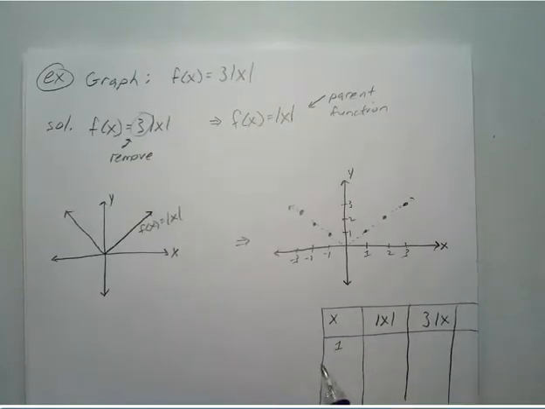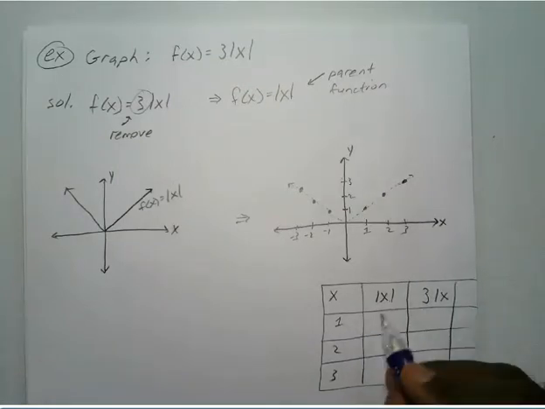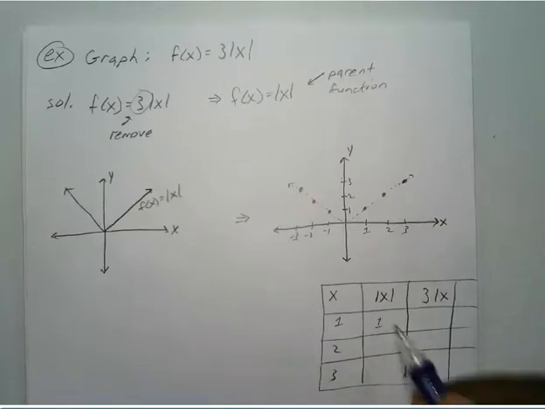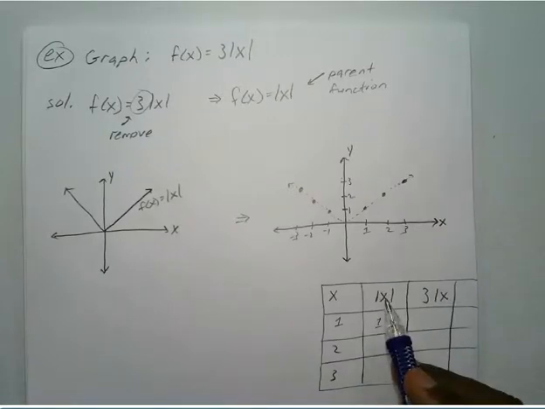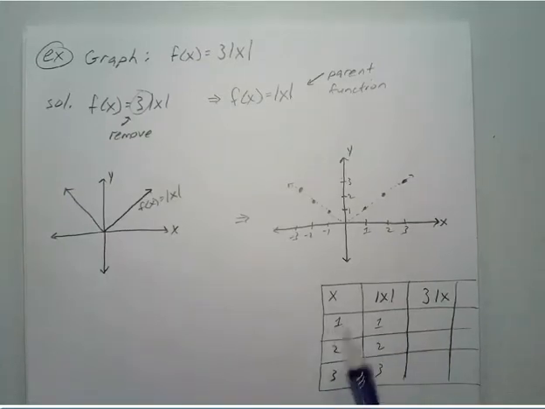Okay, so we have 1, 2, 3. And of course, we can do the same thing for -1, -2, -3. But we're going to start off here. So absolute value of 1 is equal to 1. We just replace x is equal to 1. And absolute value of 2 is equal to 2. Absolute value of 3 is equal to 3. So whenever we replace x with these values, this is what we get. Like I said, same thing with -1, -2, and -3.